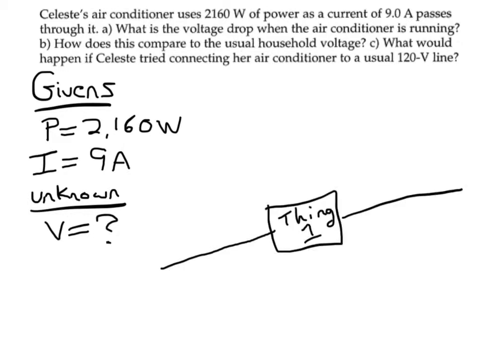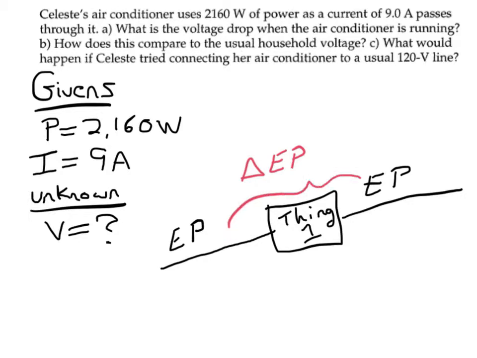If you've got some electrical device, I'll call it thing 1, and you're trying to measure the voltage, what you end up with is, remember, it's called electric potential difference. So what is the electric potential here? What is the electric potential here? And what you want to know is what is the electric potential difference between these two places.